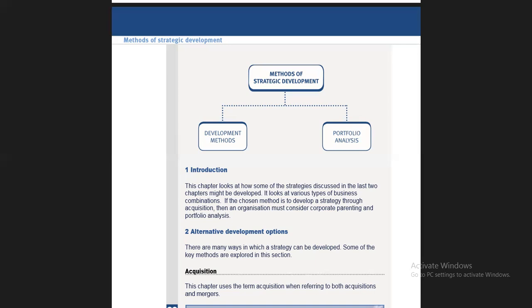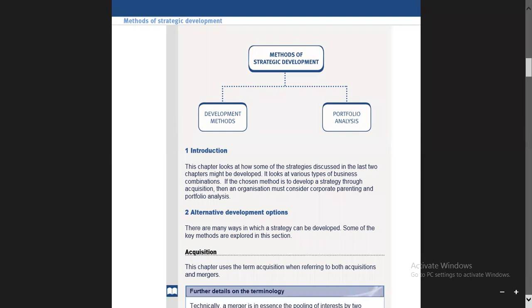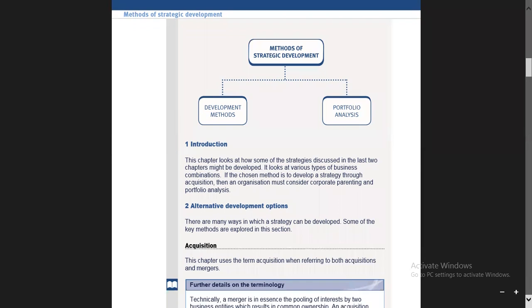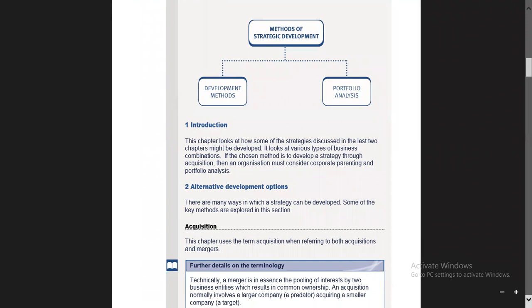So where the product will stand, then you will decide whether we have to develop or we have to wind it up. So basically, portfolio analysis is the analysis of your product range, where you stand currently in the market in terms of products. And developmental methods are basically how you can expand yourself, develop yourself through different methods.